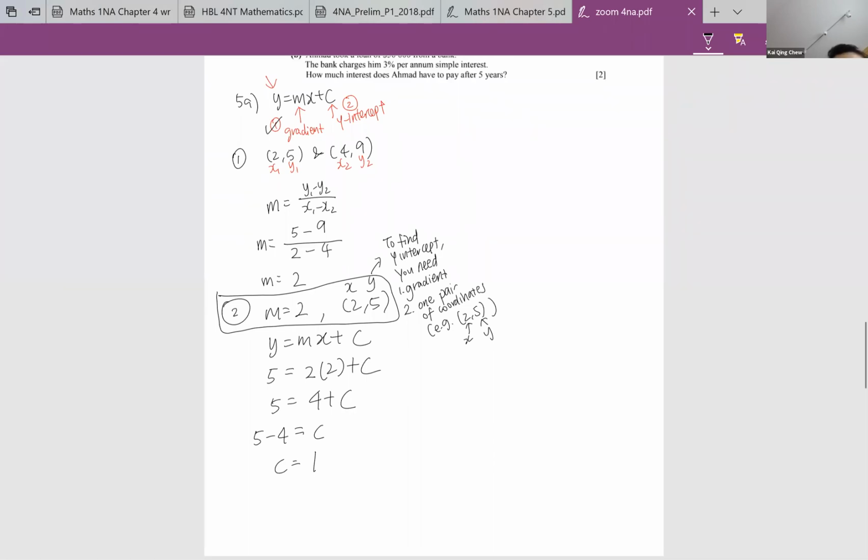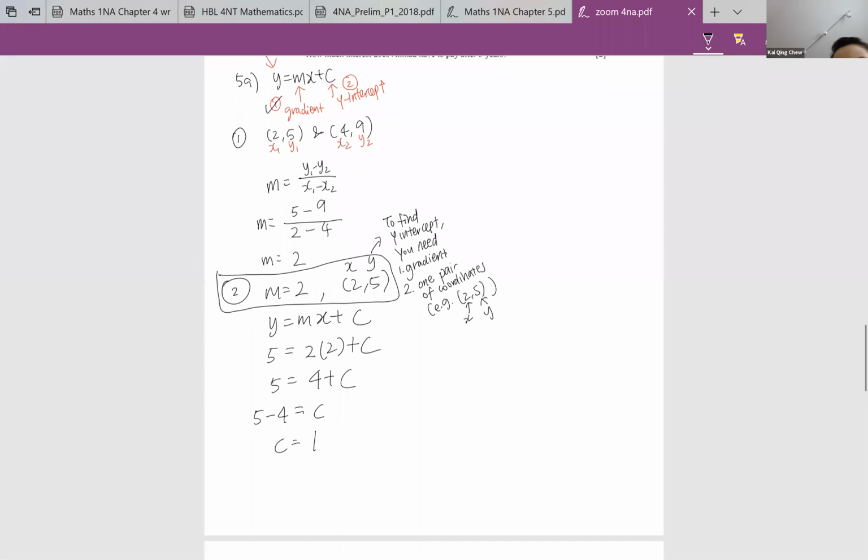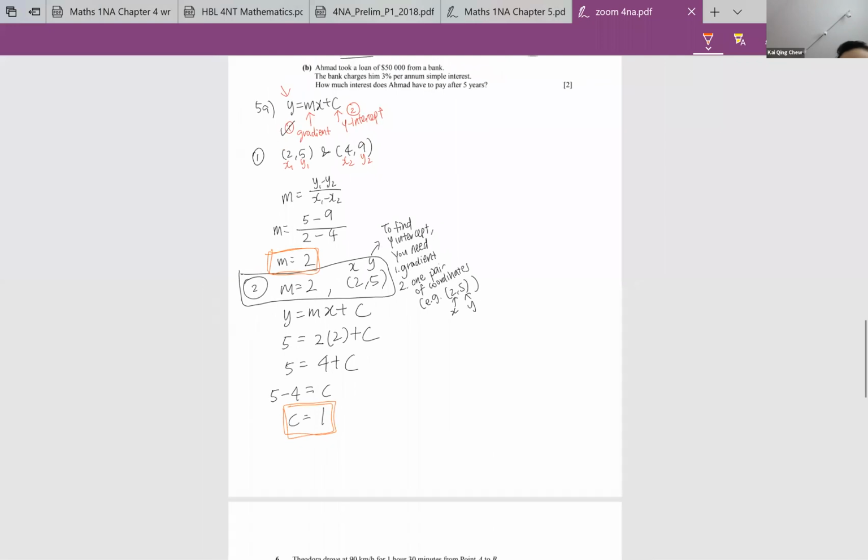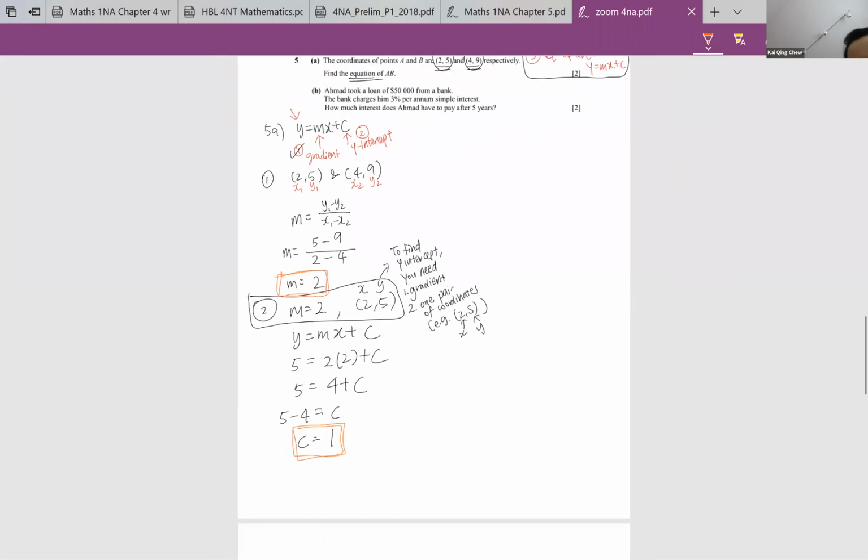Now I found my c. I've found my gradient m and my y-intercept c. So what's the answer? Remember the equation of line looks like y equals mx plus c.